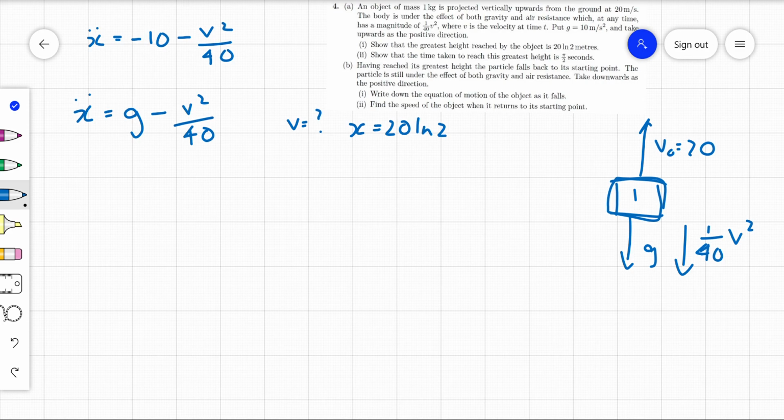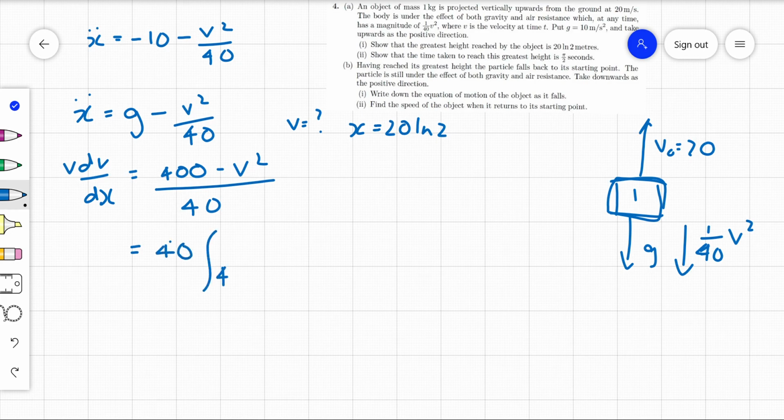So we've got v's and x's, so v dv/dx. And again, that was a gravity of 10, so I'm going to make it 400 on 40, minus v squared on 40 to give it a common denominator. And here, I do it a bit slowly. When I turn this side upside down, so I've got the 40, I've got 400 minus v squared dv again, and I'm also going to have a v here.